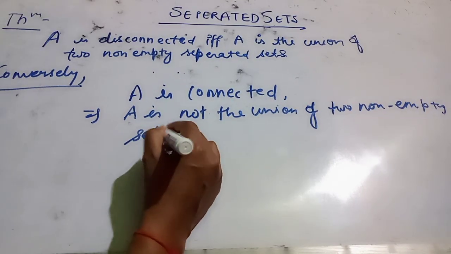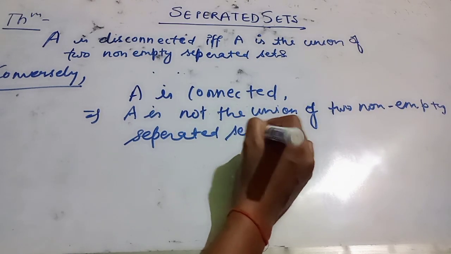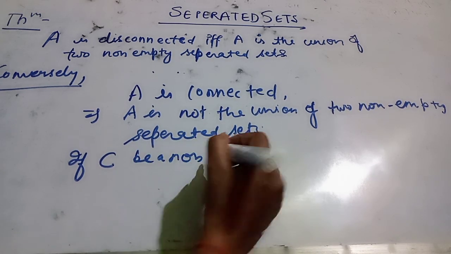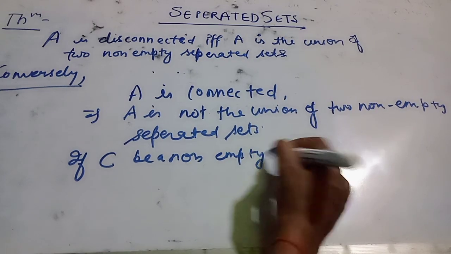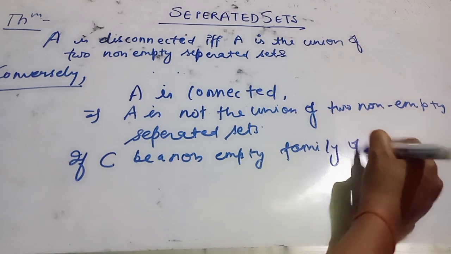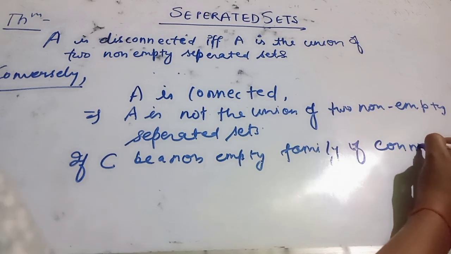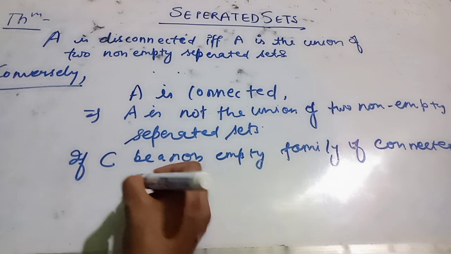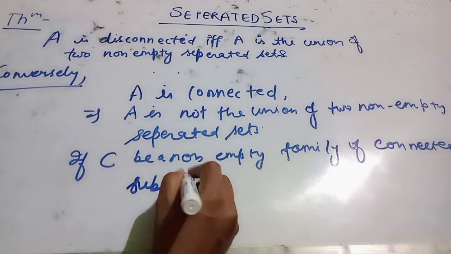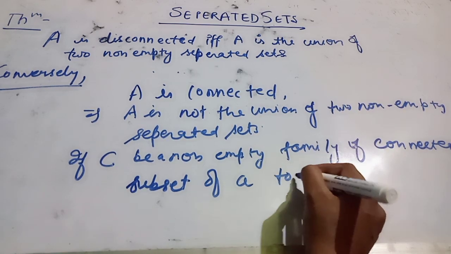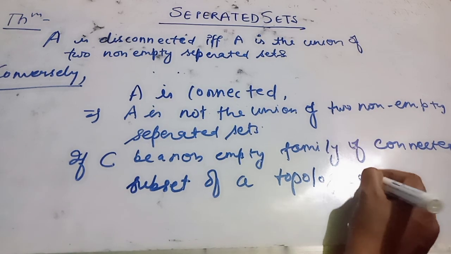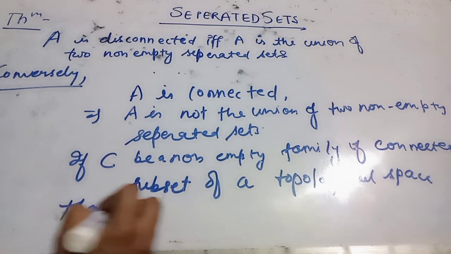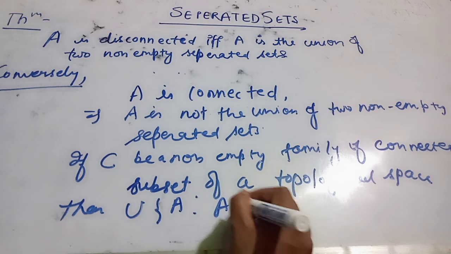Now, if you take C to be a non-empty family of connected subsets of a topological space, then you can say that it is the union of A such that A belongs to C.